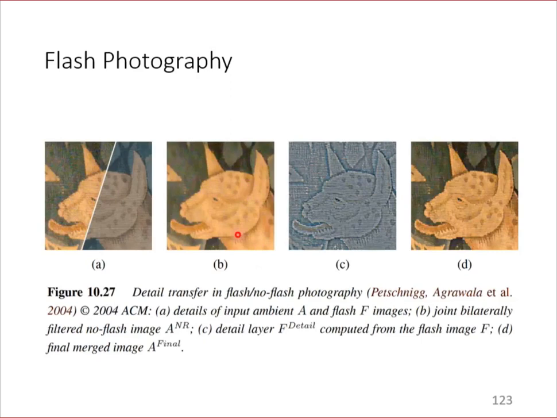So this is the base image. Then they fuse the two images to generate the output image. In the output image, you can see for the smooth area, the color is good, but there is no very obvious noise. And the edge is clear because it uses data from the flash image. So this is one of the applications of the bilateral filter.